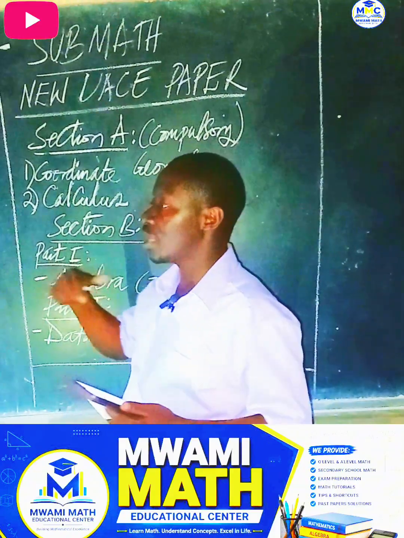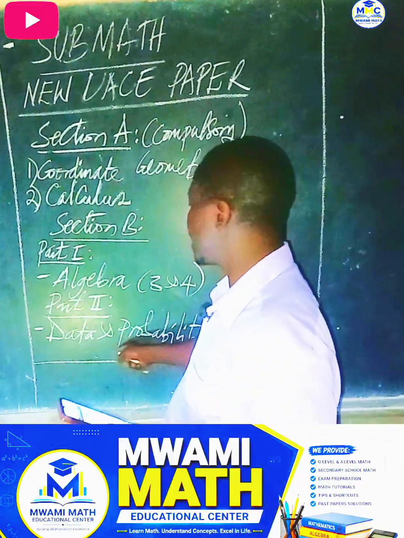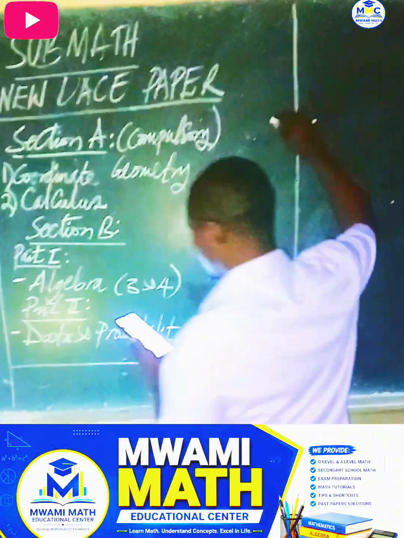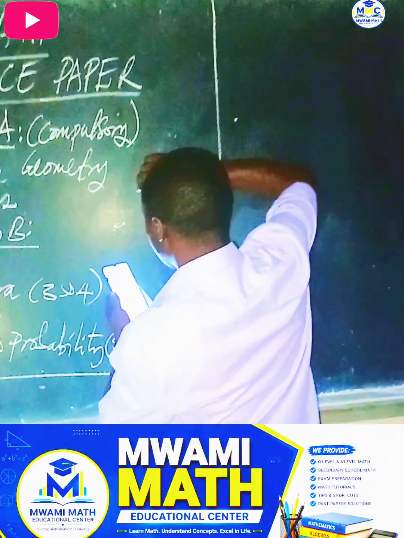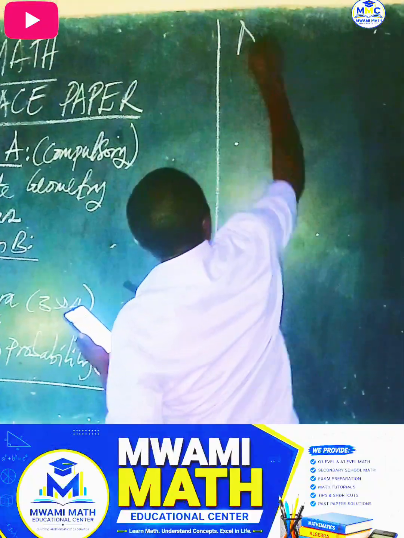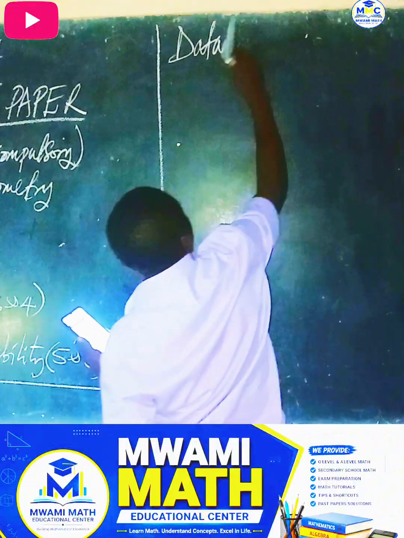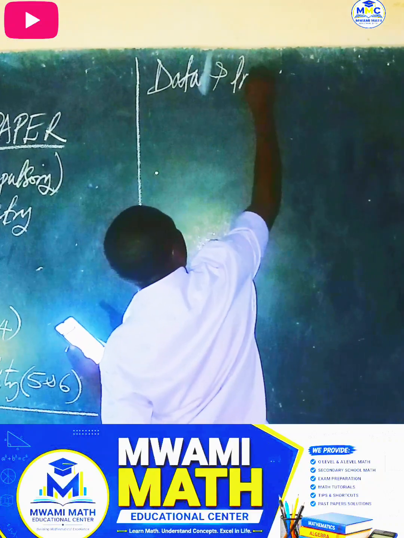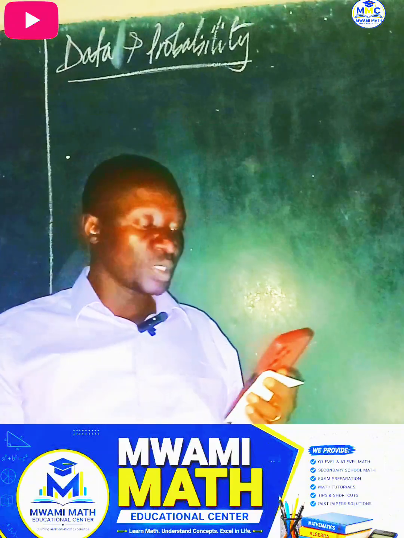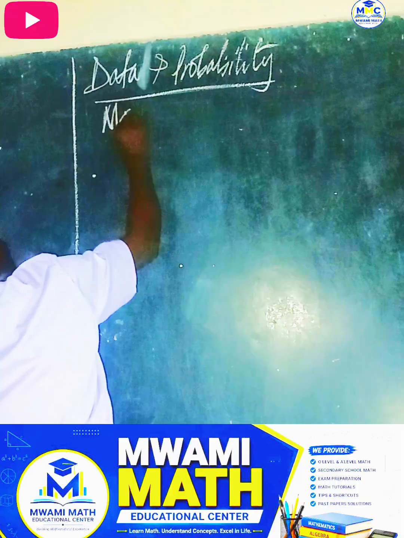So basically, I want us to look at an item we have here under data and probability. This item is basically under matrices.